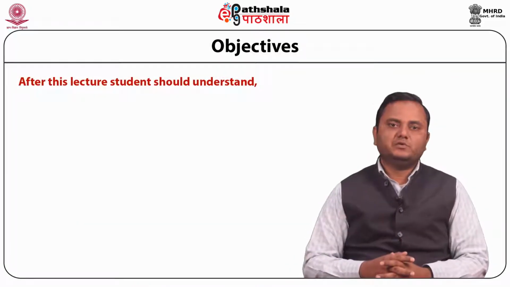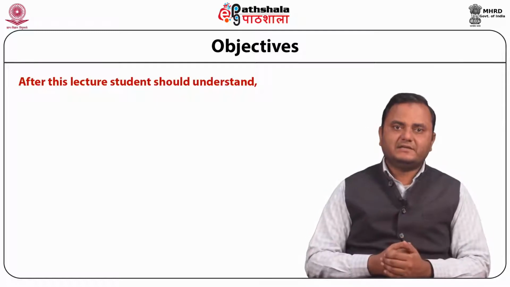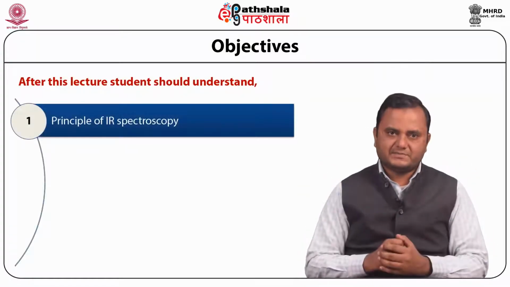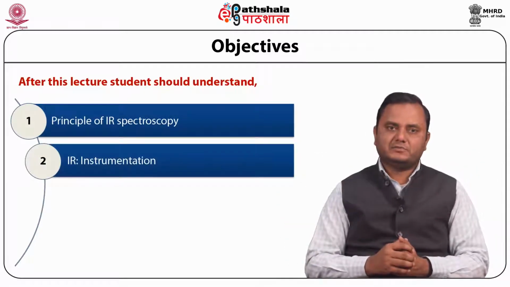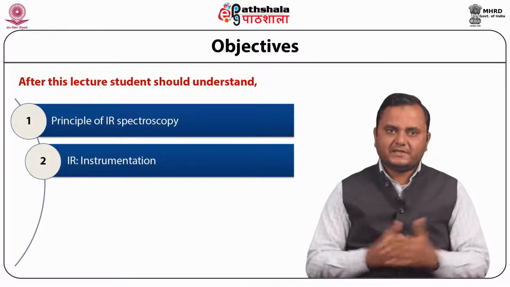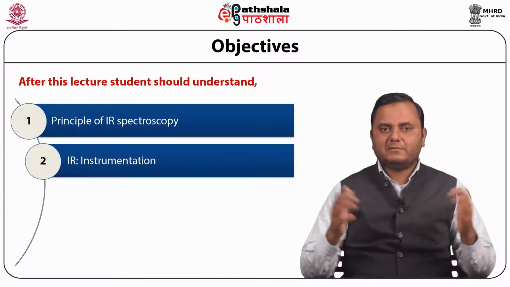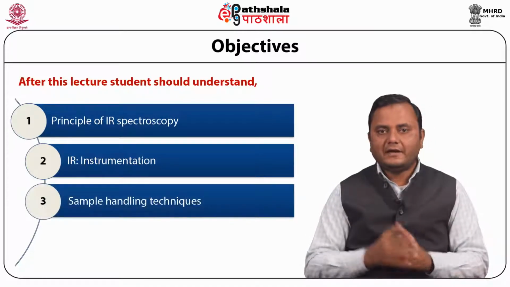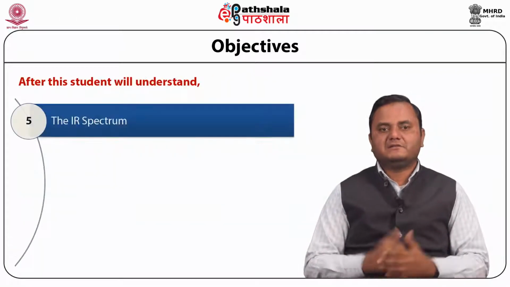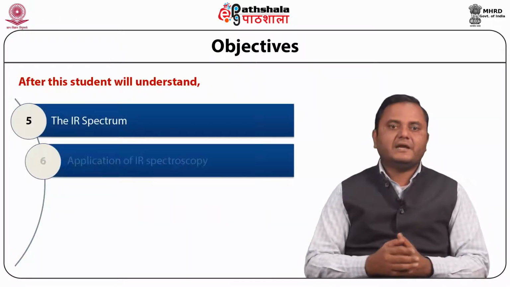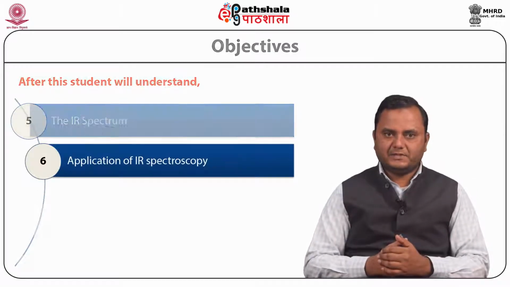After studying this module, students will be able to understand the basic principle of IR spectroscopy. Then we discuss the components of IR instruments, the IR spectrometer. Then we talk about sample handling techniques, theory of molecular vibrations, the IR spectrum, and applications of IR spectroscopy.